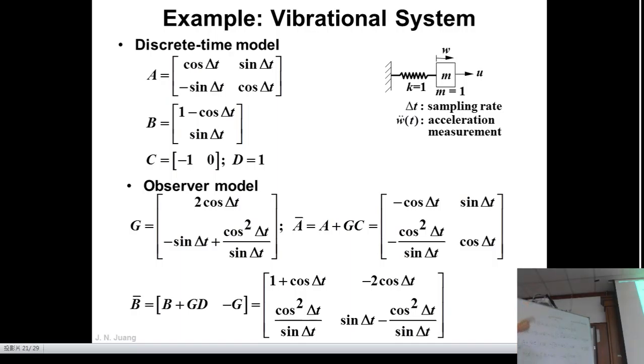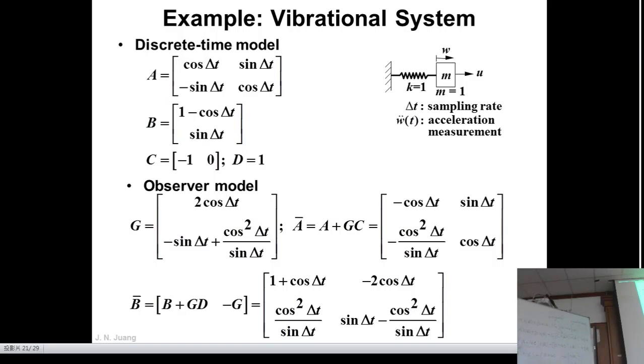Now, if you use this observer gain G here, I assume that K equals 1, M equals 1, and delta T is variable, any values.